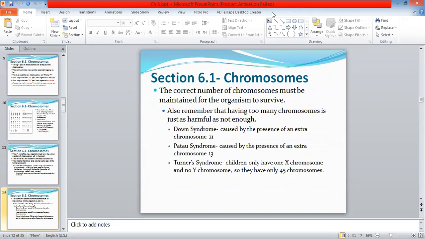Down syndrome, Rett syndrome, Turner syndrome, Klinefelter syndrome, they are different types. For example, in Down syndrome, the person has an extra chromosome number 21.